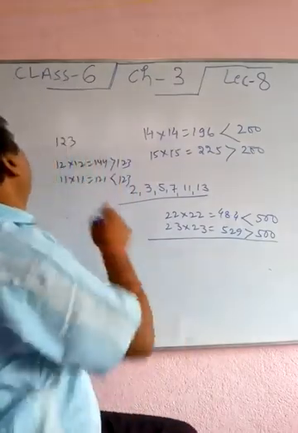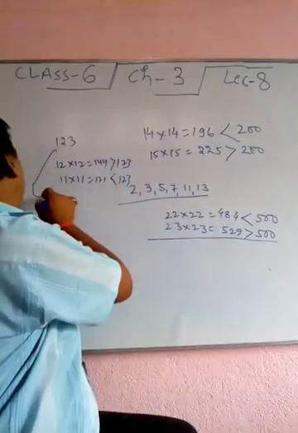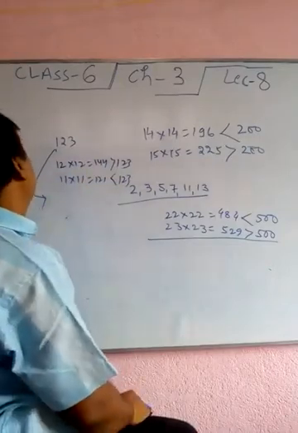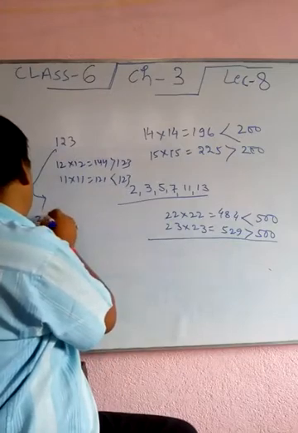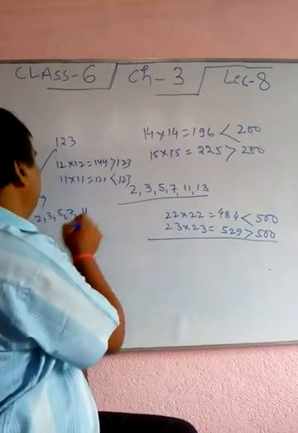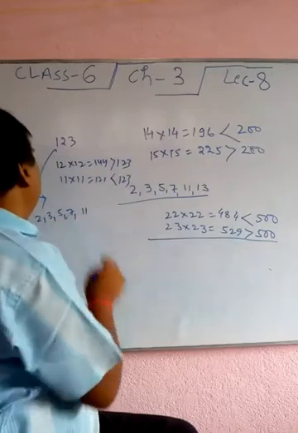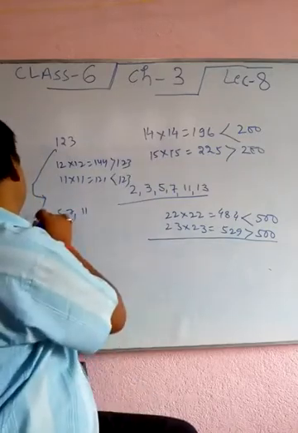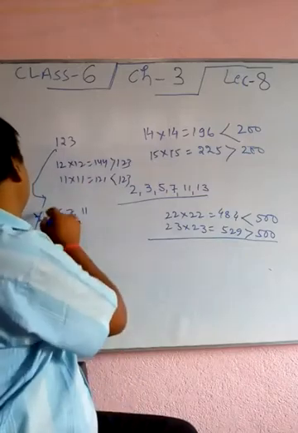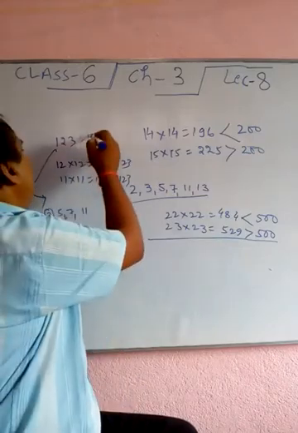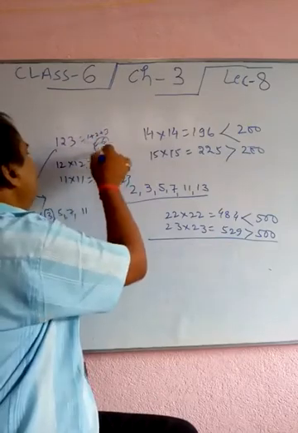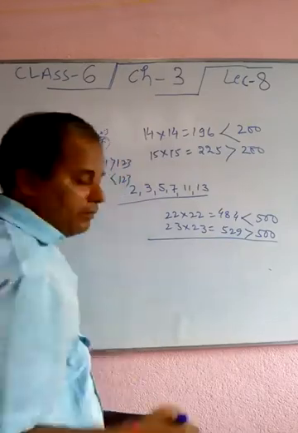So we have to check the divisibility by the prime numbers less than 12, that is 2, 3, 5, 7, 11. We will divide one by one. Not possible by 2. By 3, 1 plus 2 plus 3 is 6, it is divisible by 3, so this is not a prime number.